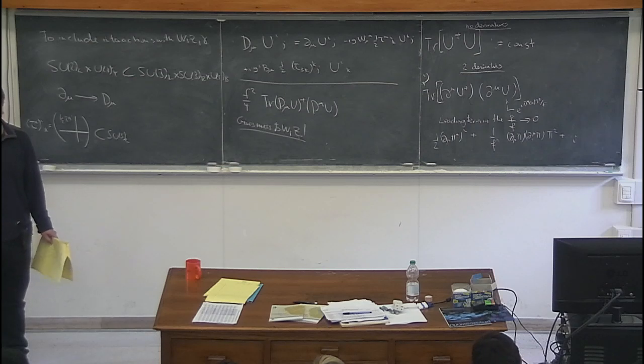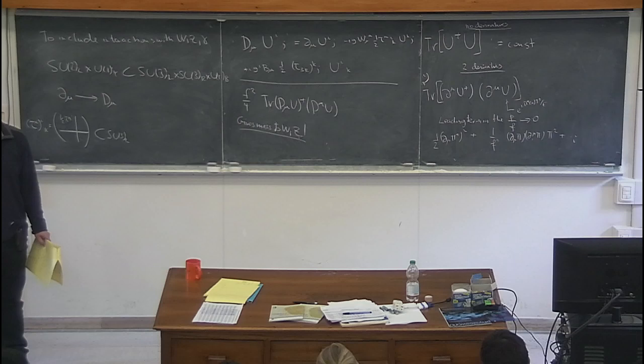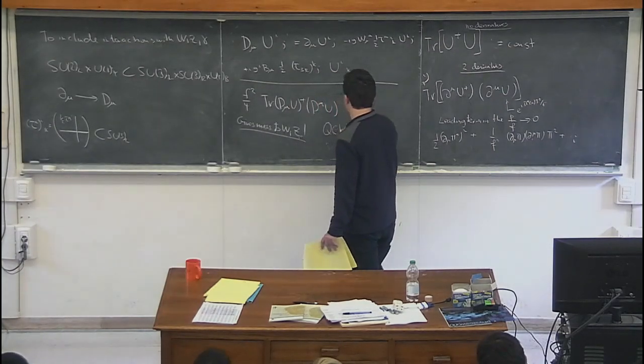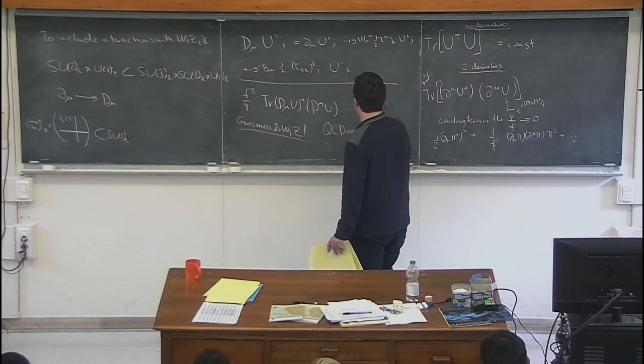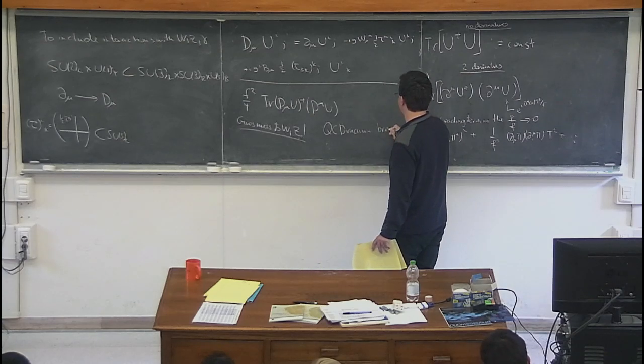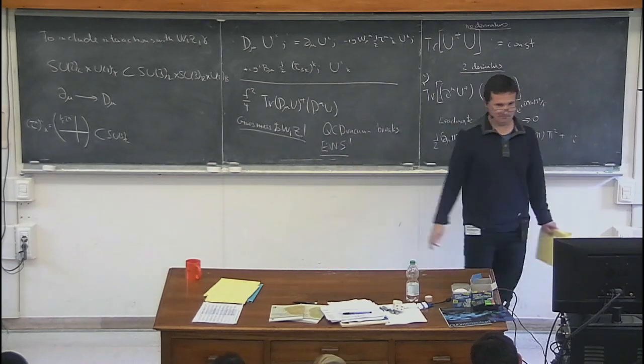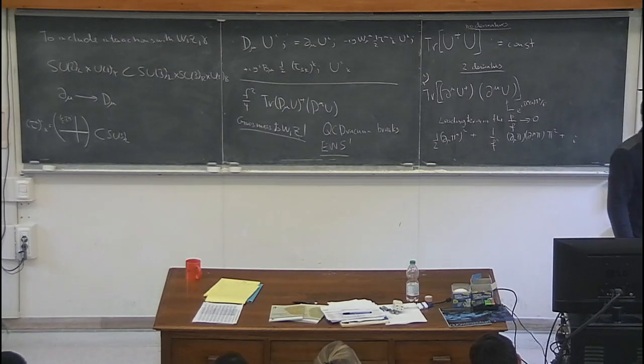So the QCD vacuum actually does break SU2. Yes, the QCD vacuum breaks the electroweak symmetry. Okay, so that's a fact. This is something that is, of course, experimentally true.